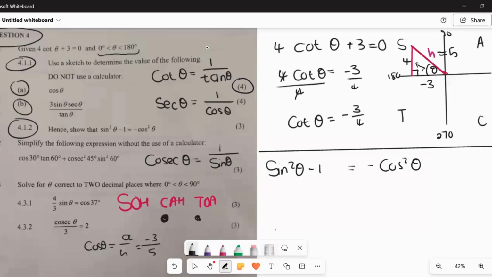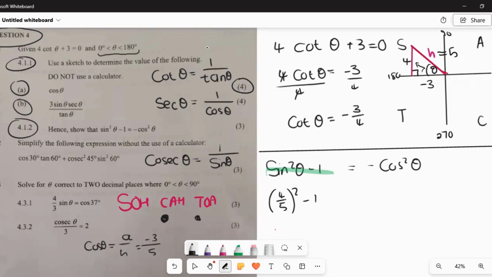So quickly, let us check what our left-hand side gives us. Sine is opposite over hypotenuse, so we're going to have 4 over 5 squared minus 1. I did not say anything about using or not using a calculator, so in this case, we can use a calculator.